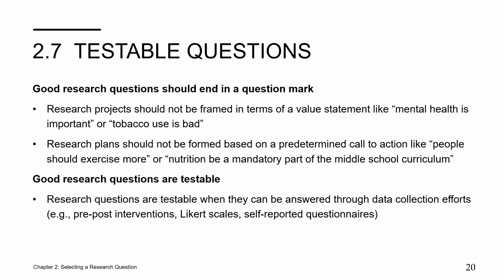Research questions are systematic. Research questions are testable. They should be ones that can be answered through data collection efforts, like pre-post interventions, Likert scales, self-reported questionnaires, and not something that is already written out, not something that you already have a preconceived notion about.